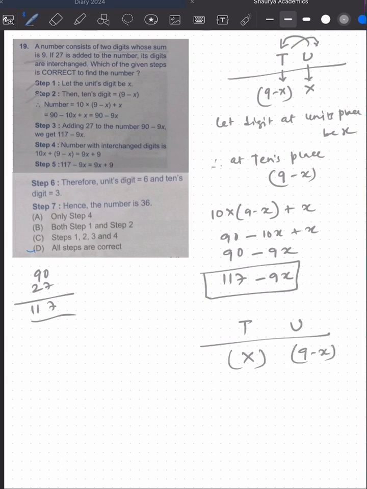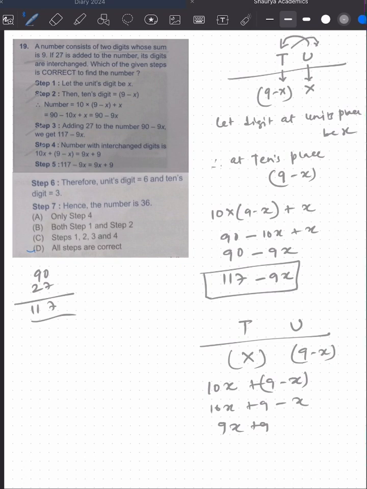So the number will be 10x plus 9 minus x. Solve this. So 10x plus 9 minus x is equal to 9x plus 9. So step 3 is correct, step 4 is correct.